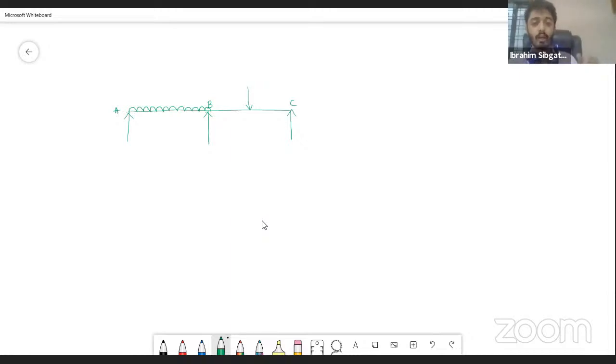When it comes to point loads, we have 2 different types: a point load that acts exactly at the center, and a point load that does not act at the center. I'll explain that when we are doing the problems, but for now let's focus on what exactly Clapeyron's theorem of 3 moments is.